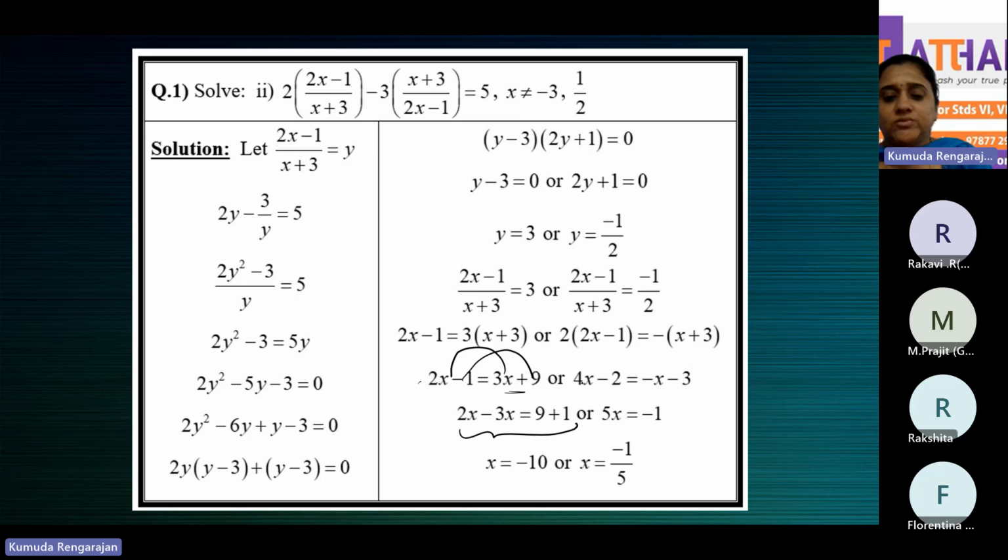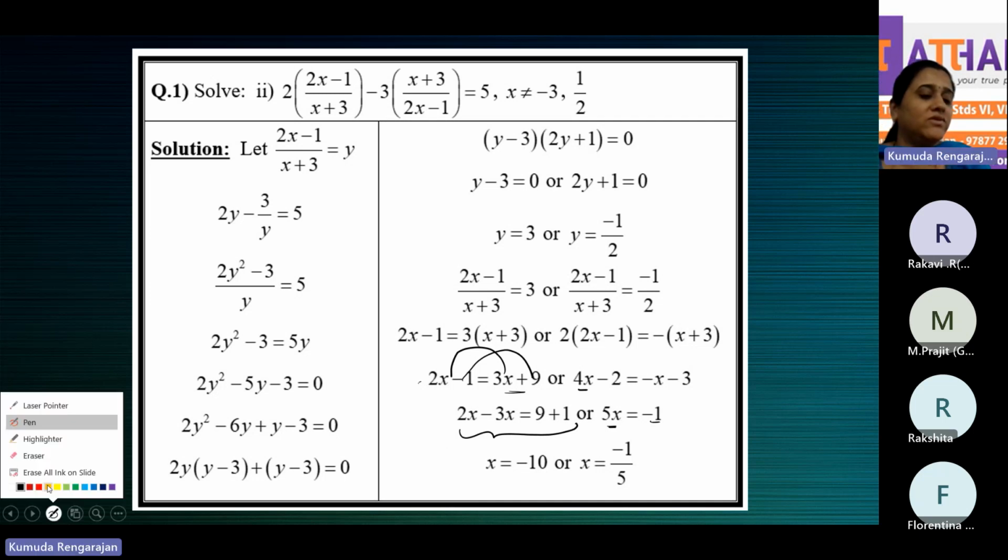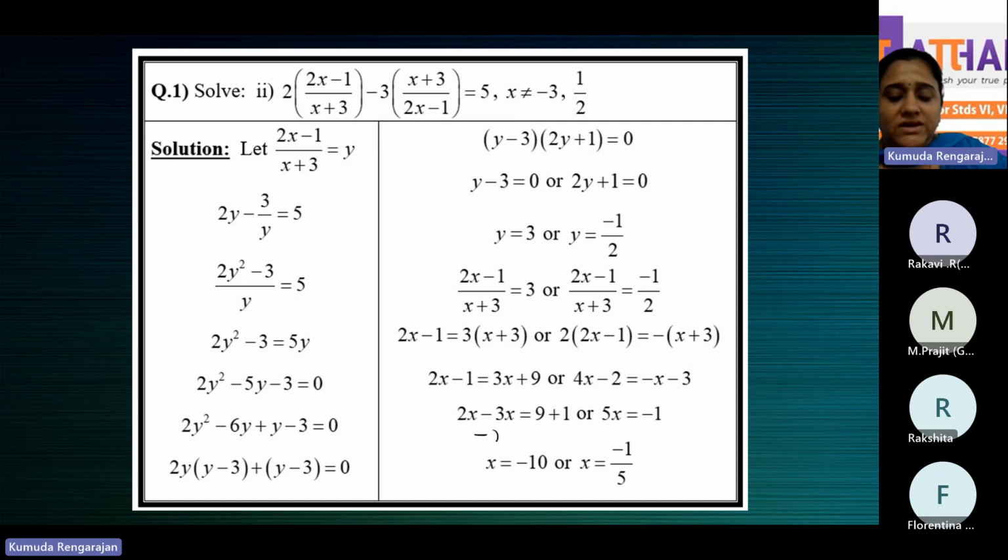Or you will get when you transpose 4x minus x, when it comes here, 4x plus x, right? 5x is equal to minus 3 plus 2, so minus 1. Transposing, that's what I've written. You'll get minus x is equal to 10 or x is equal to minus 10.